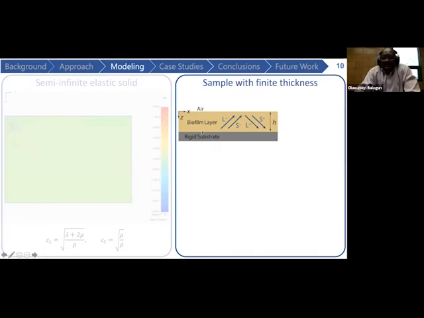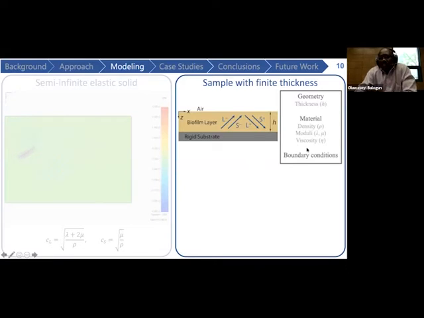Typically, rather than seeing these bulk waves, these waves bounce back and forth within these layers, and they create what we call guided elastic waves. The speed at which those waves travel depends on the geometric properties, things like the thickness, and also the elastic properties of the biofilm. We have to take all of these into account, and this increases the complexity of the problem.